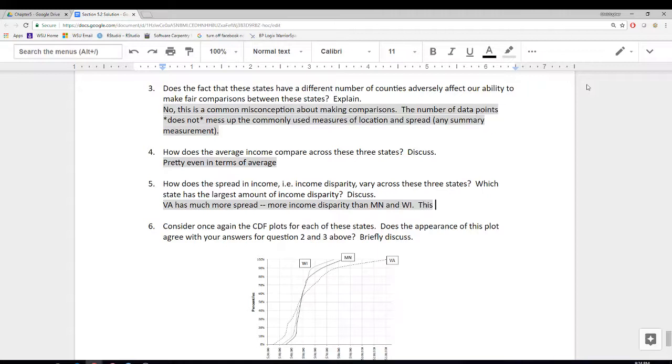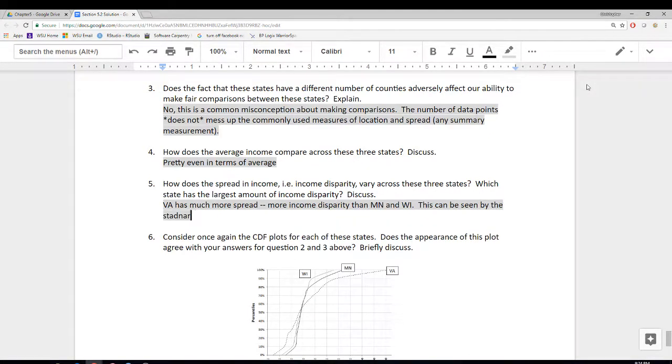This can be seen by the standard deviations and also seen in the CDF plot below. So again, the steepness in this plot is indicating spread.